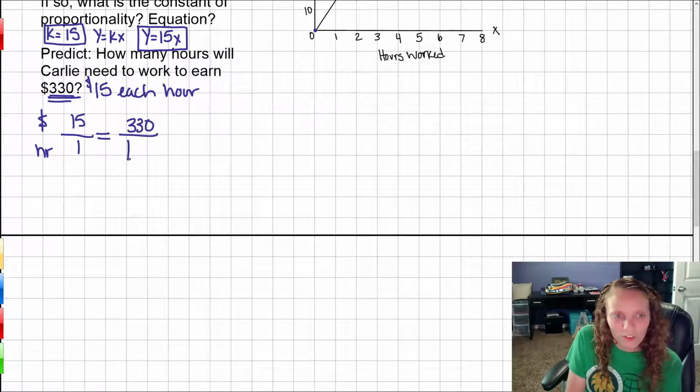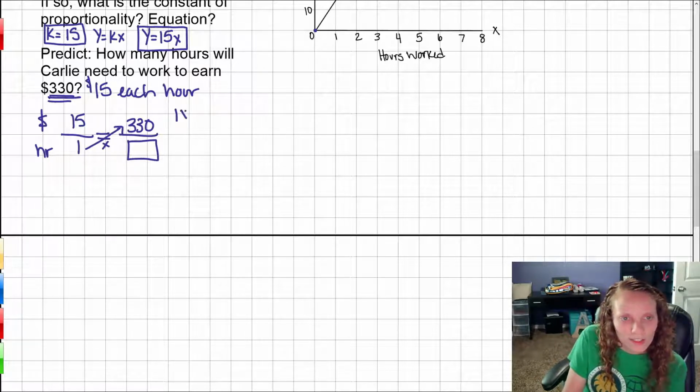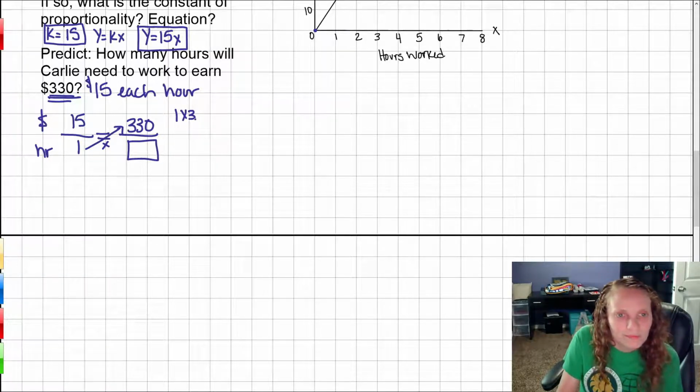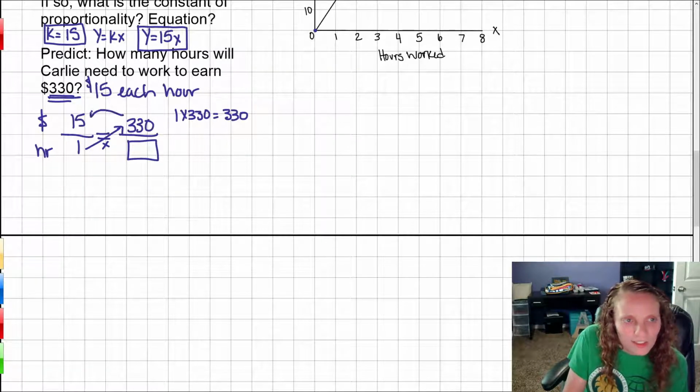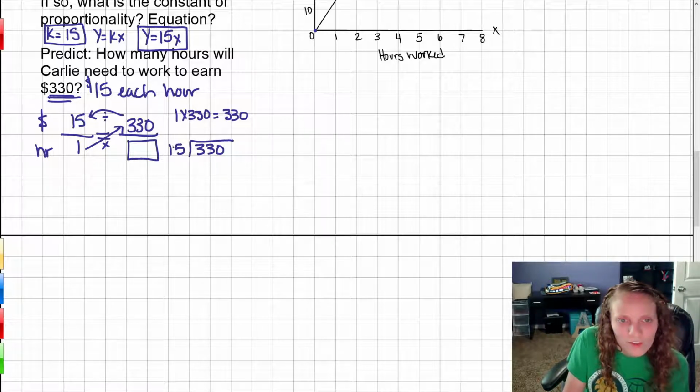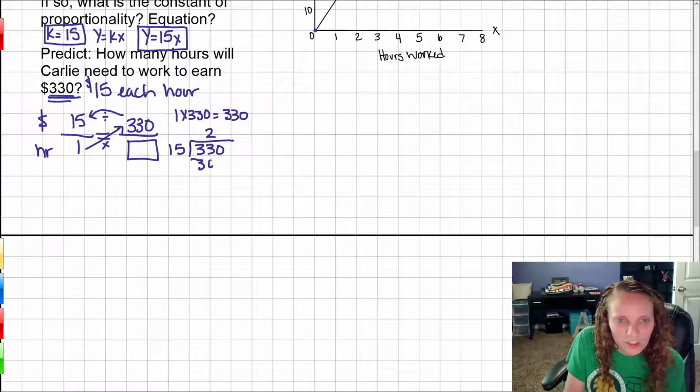And then to solve for this missing number here, we're going to crisscross multiply. So 1 times 330, which we don't really have to work out because that's just 330. And then we're going to take that answer and divide it by 15. 15 goes into 33 2 times. 15 times 2 is 30.